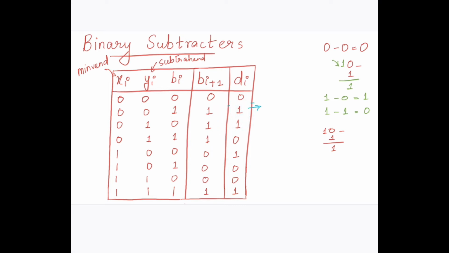This is equivalent to xi bar, yi bar, bi; xi bar, yi, bi bar; xi, yi bar, bi bar; and xi, yi, bi.